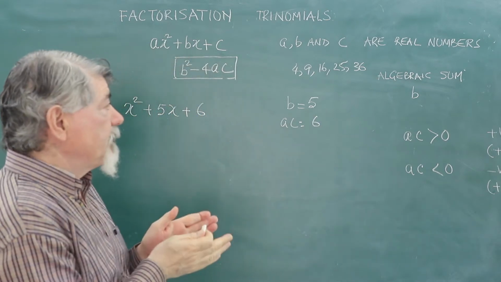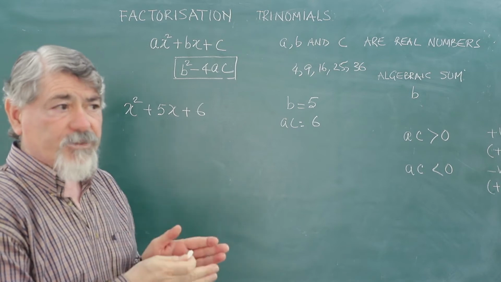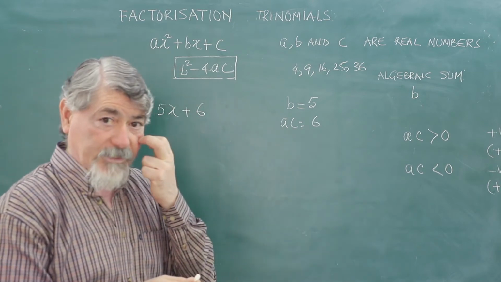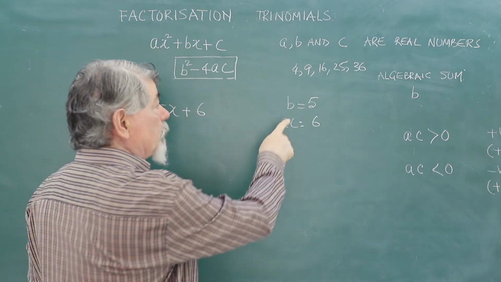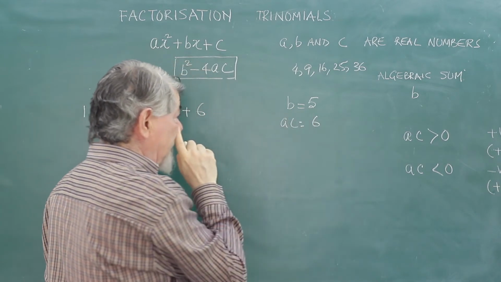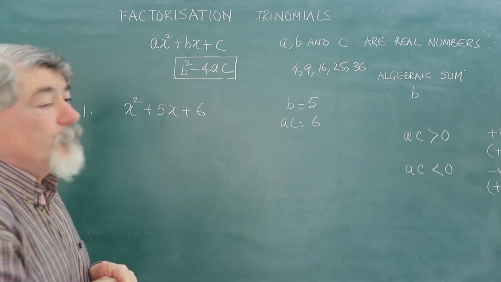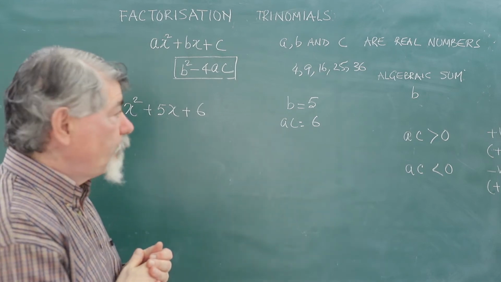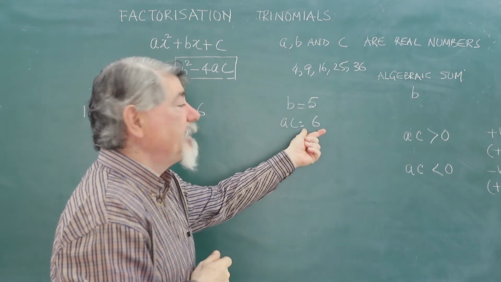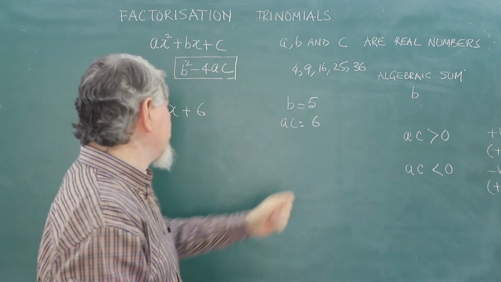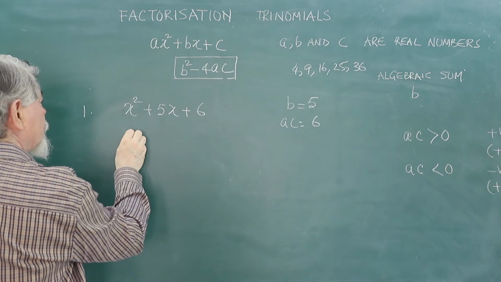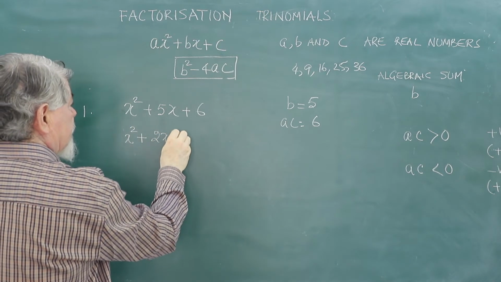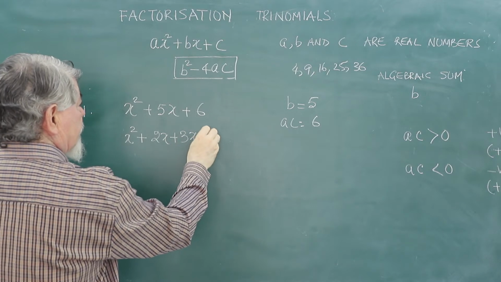So I have to split 5 so that the product is 6. Now there is only one way: 2 and 3. 2 and 3 will give you 5, and 2 and 3 multiplied will give you 6. So what am I going to do? x square plus 2x plus 3x plus 6.